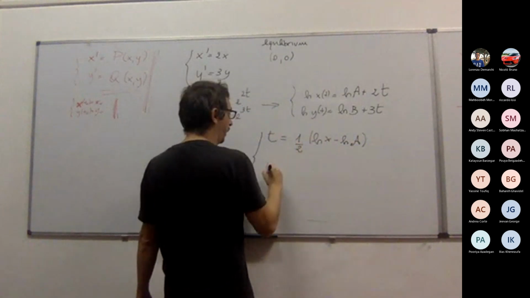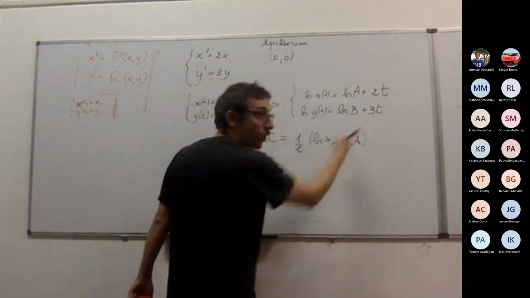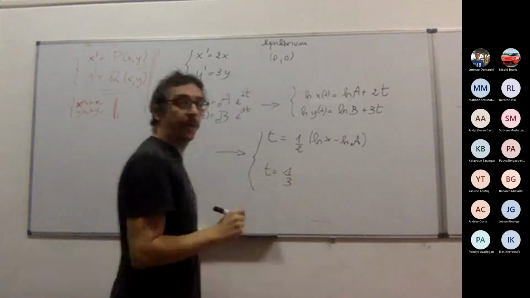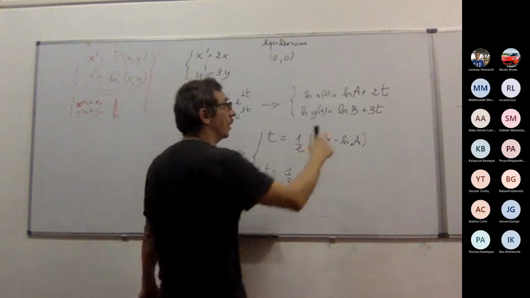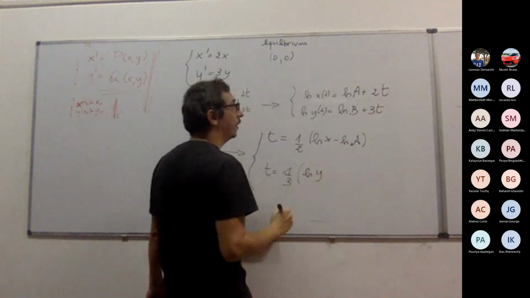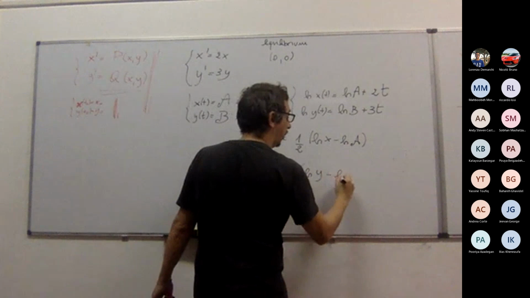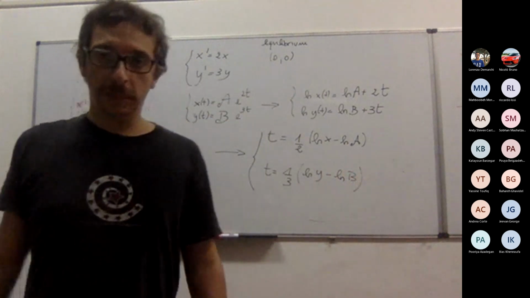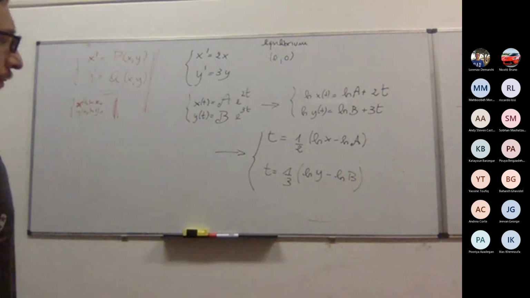The second one, the second equation, t equal to 1/3 of what? Log y minus log b. Okay?